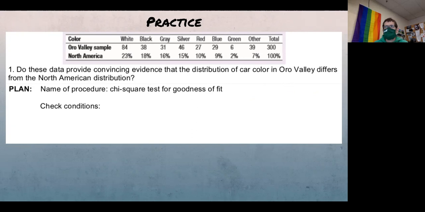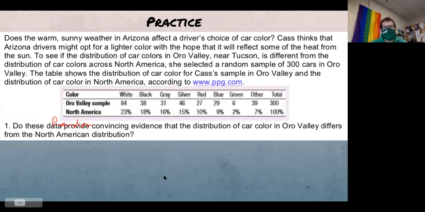What's the first condition, Eli? Random. Is this a random sample? Here, I'm going to go back to this so you can read the prompt. Is it a random sample?